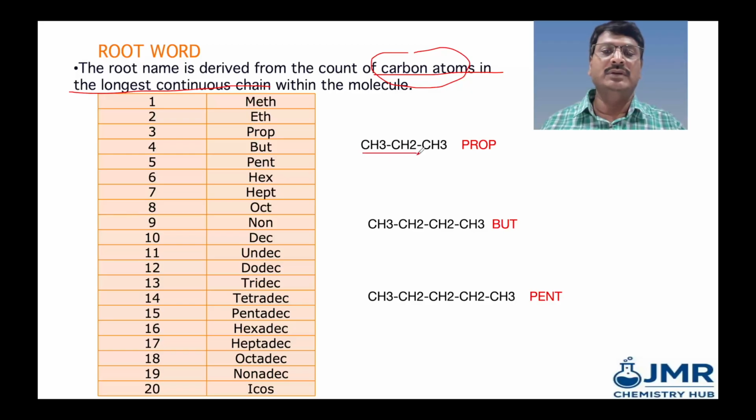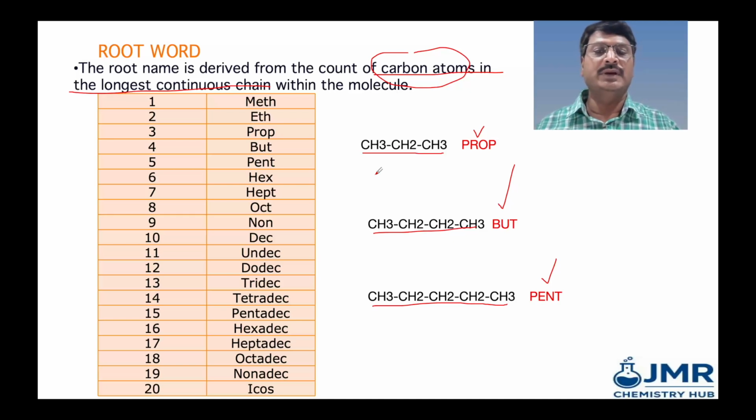For example, in this one, 3 continuous carbons are there, the root word is prop. In this, 4 carbons are there, the root word is but. In this, 5 carbons are there, the root word is pent, like that.